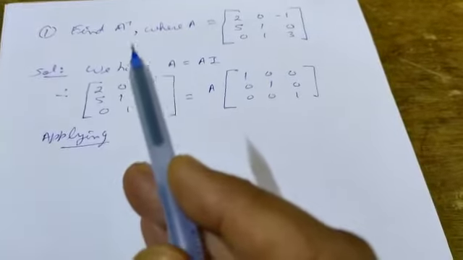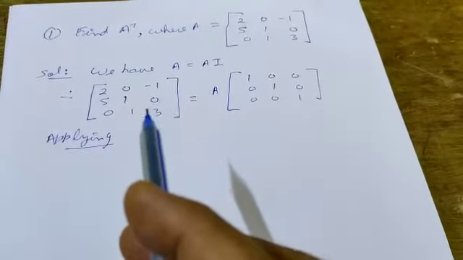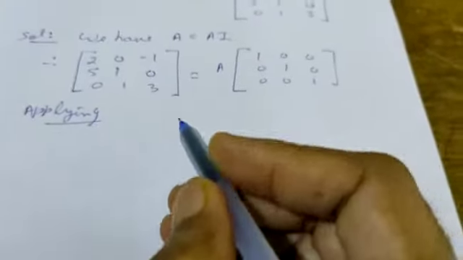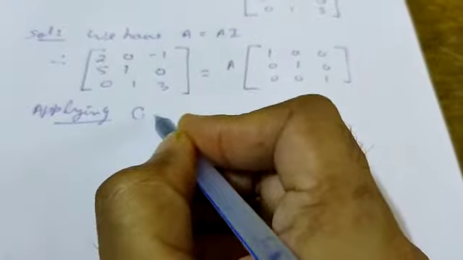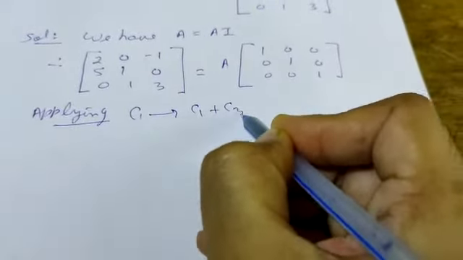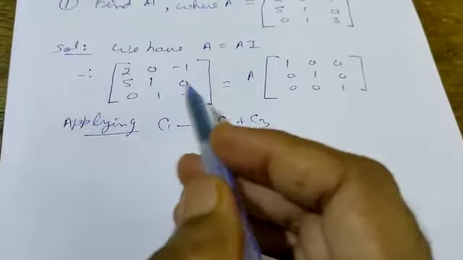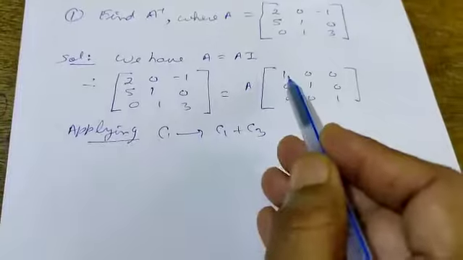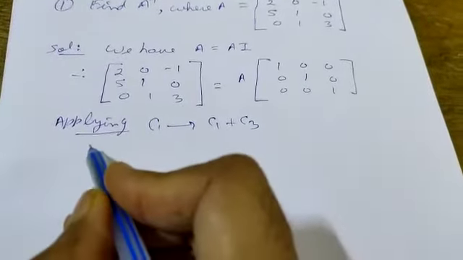How can we do this? We'll only use columns. As you already know, we can add two columns. So in column 1, we apply C1 plus C3. Why C1 plus C3? Because 2 minus 1 will become 1. The first entry of the identity matrix is always 1. So we'll apply this.